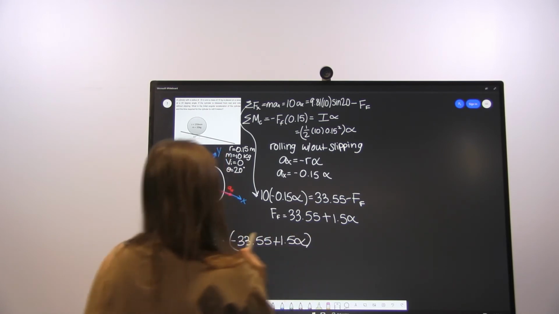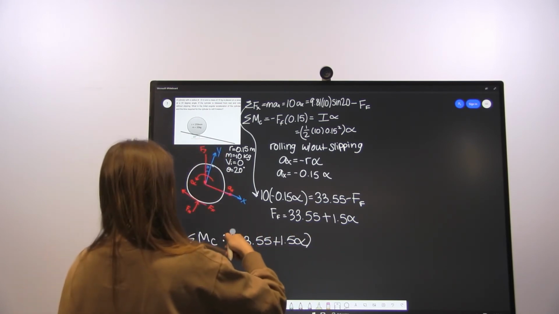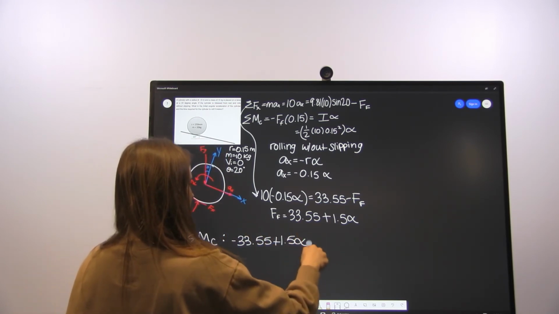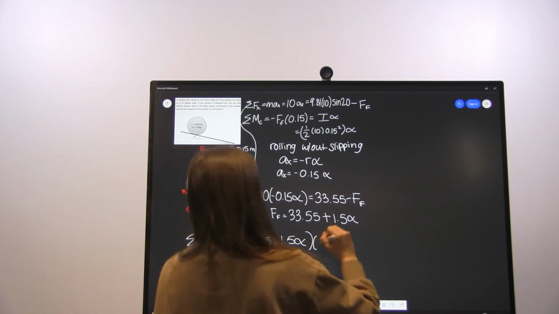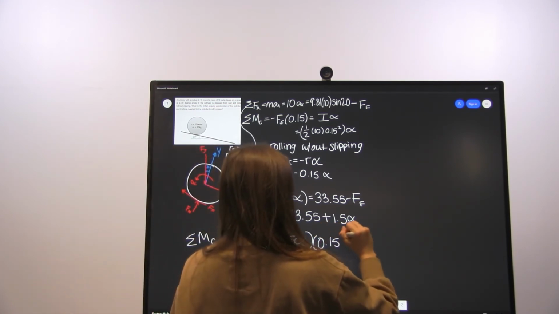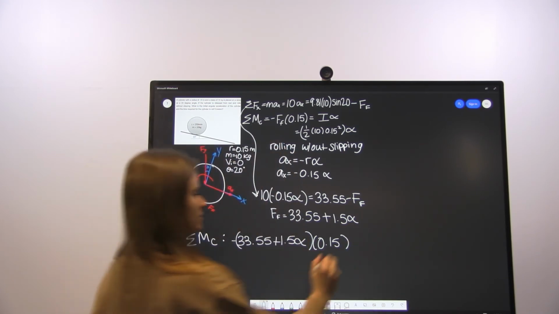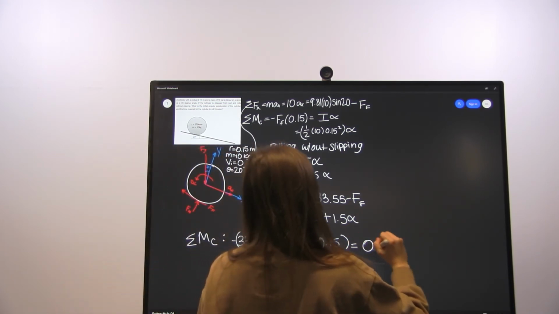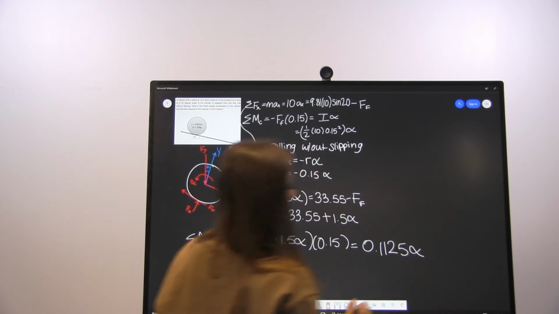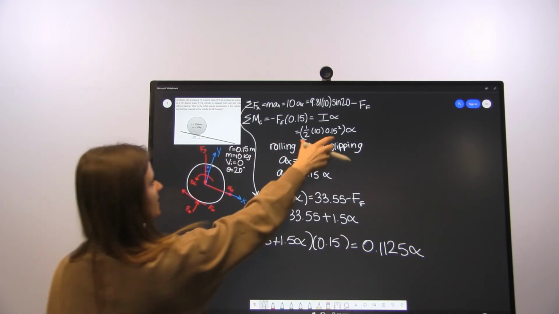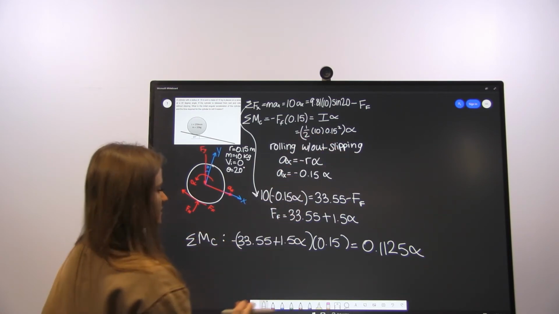So this is the negative force of friction, and then multiply this by 0.15, which is equal to 0.1125 times angular acceleration, and that is this value simplified.